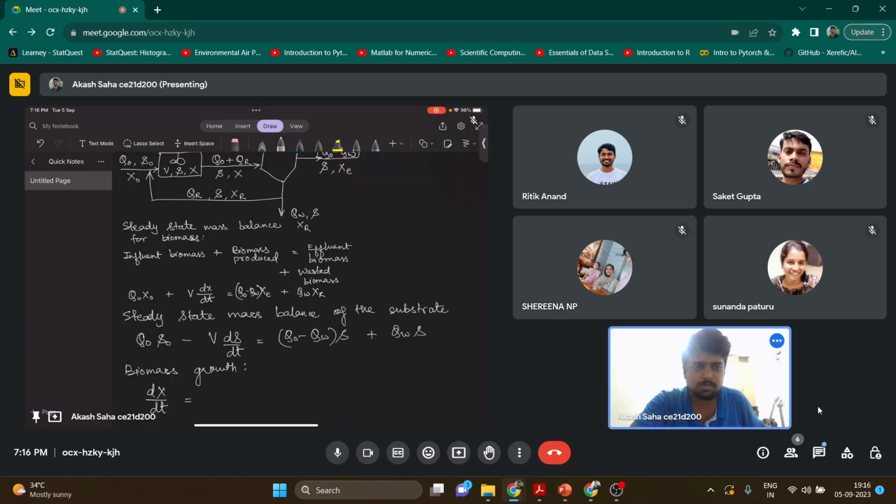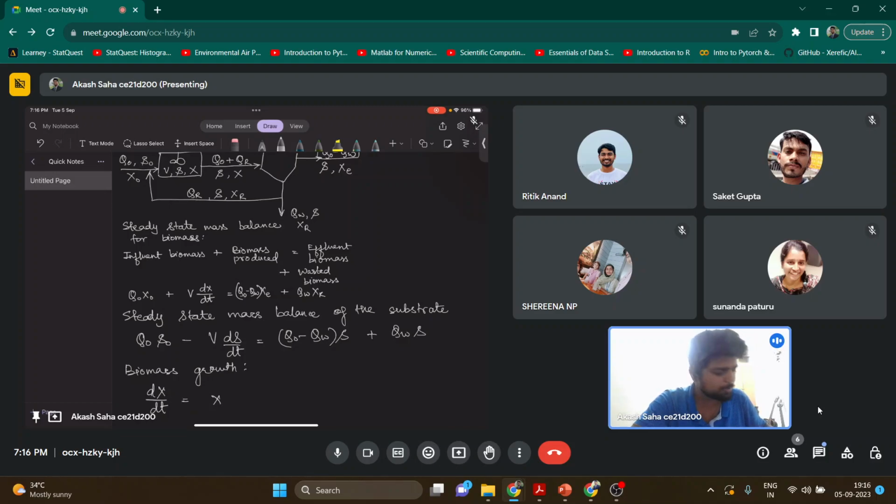Biomass growth is being assumed to be happening in first order. So dx by dt will be directly proportional to x, right? If I want to include the equal sign, I will put a constant of proportionality, so it will be equal to kx.